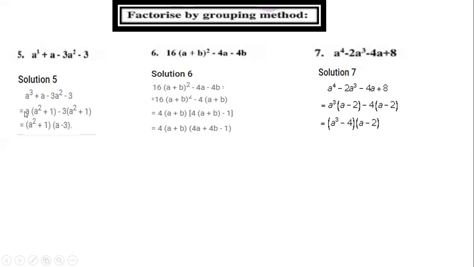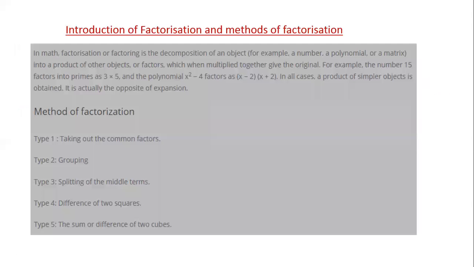Now we have two terms, a into a square plus 1 and minus 3 into a square plus 1. After grouping, we take a square plus 1 common from these two terms, and we are left with a minus 3. So our answer is a square plus 1 into a minus 3.